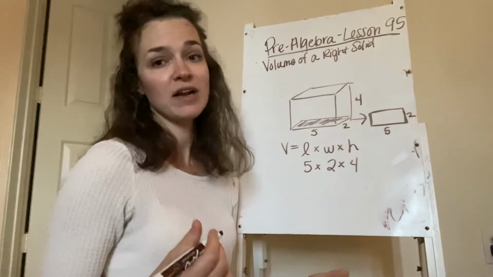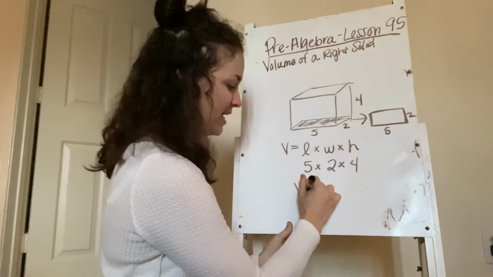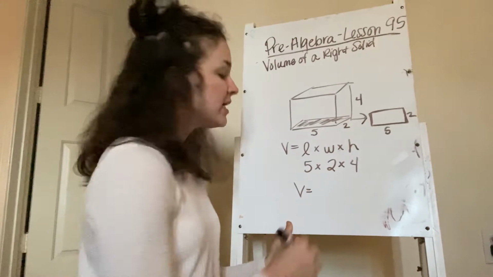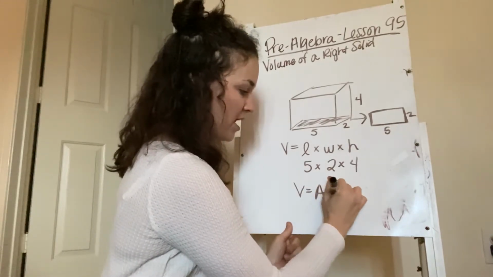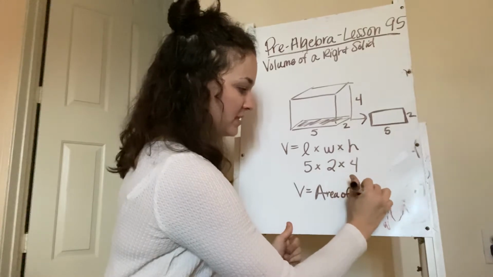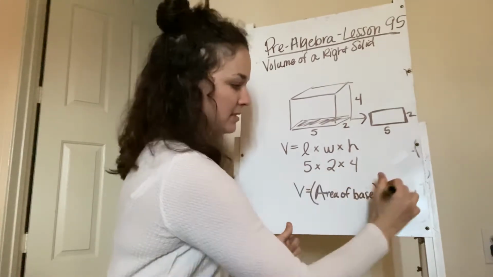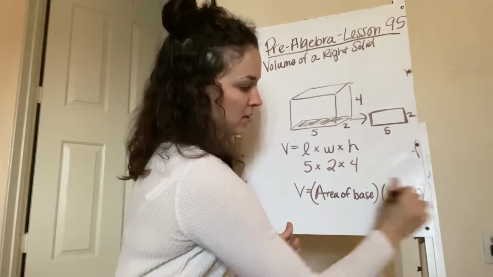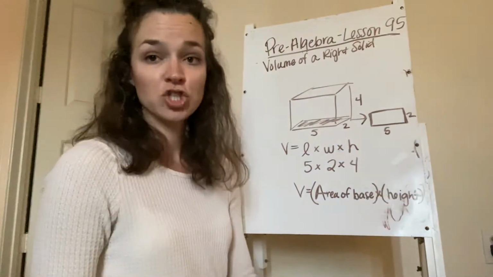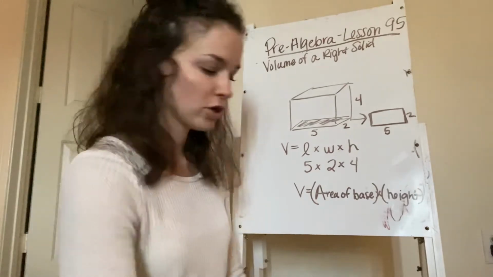That's actually what finding volume is doing. Volume of any prism or cylinder is just finding the area of the base times the height. Okay? So let's look at what that looks like for some other figures.